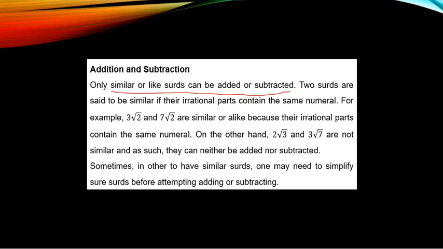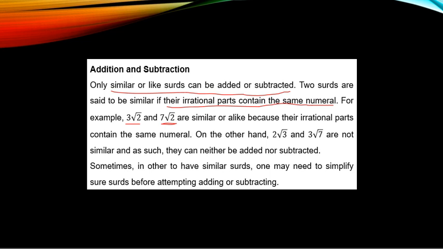Two surds are said to be similar if their irrational parts contain the same numeral. The irrational part is the part whose square root you cannot determine. For example, look at 3 root 2 and 7 root 2. In these two examples, the irrational part is 2 and 2, the same number.